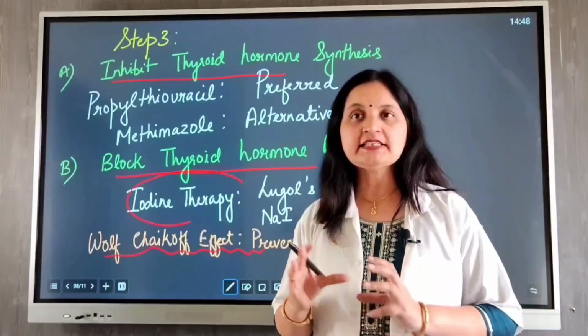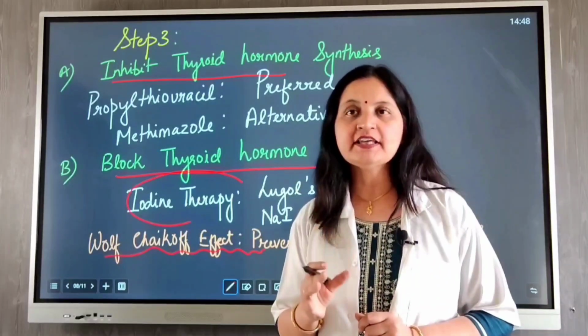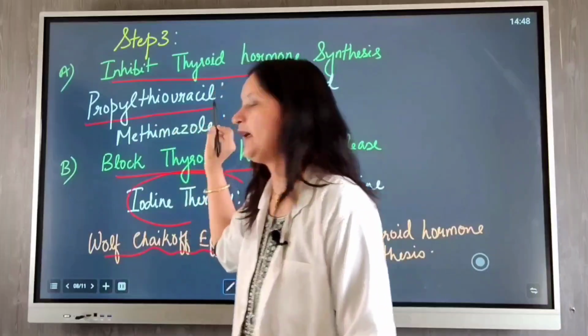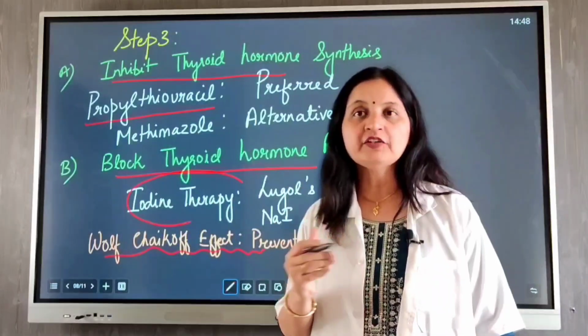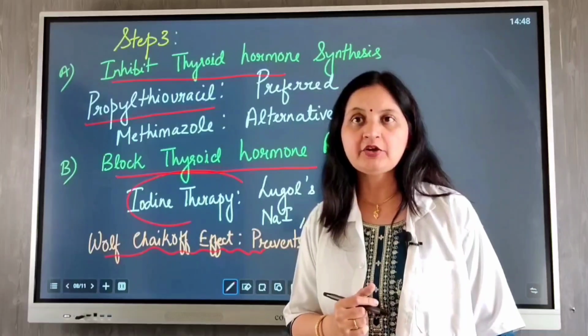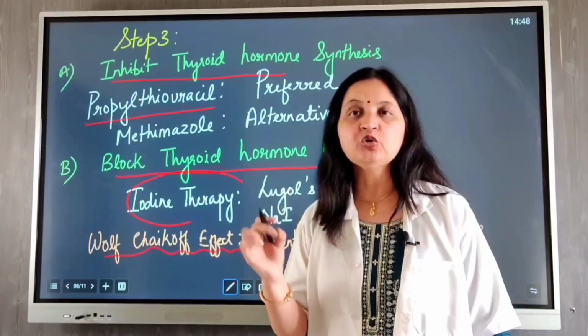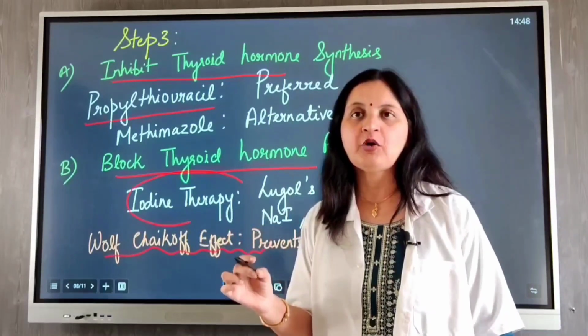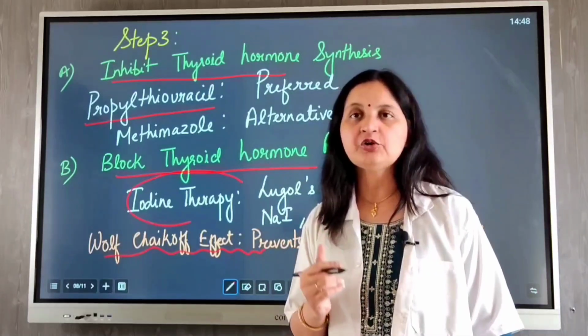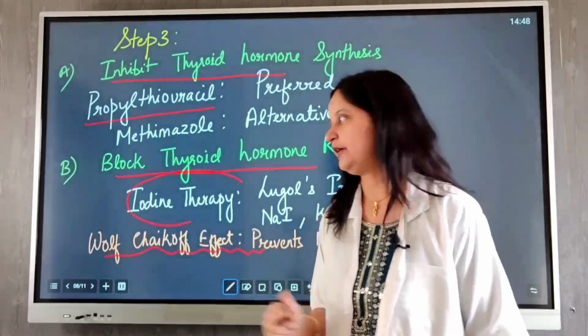So the action is immediate, and therefore it is given 1 hour after the administration of thioamides such as propylthiouracil. It decreases the new synthesis of thyroid hormone and also blocks the release of thyroid hormone, thus controlling the symptoms of hyperthyroidism.